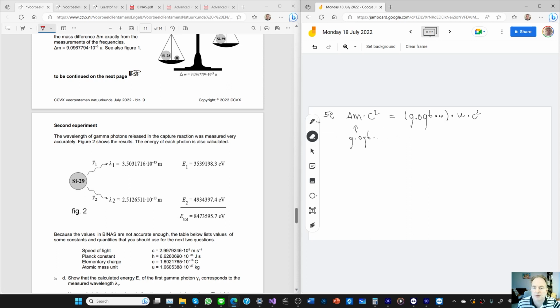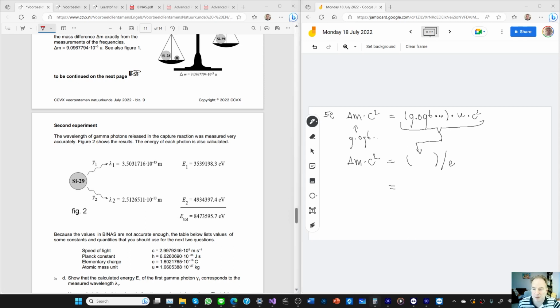So delta m times c squared is just this whole expression, divided by the elementary charge.